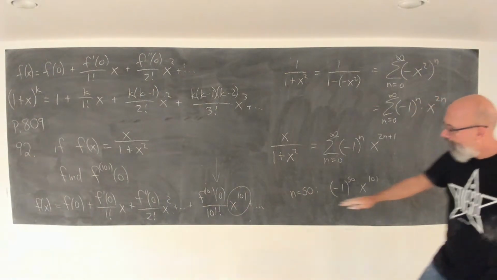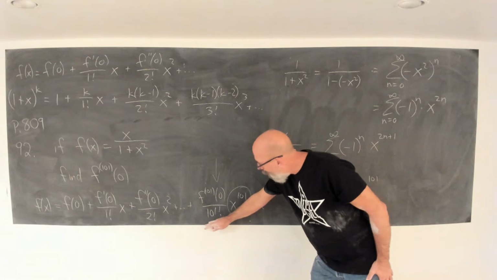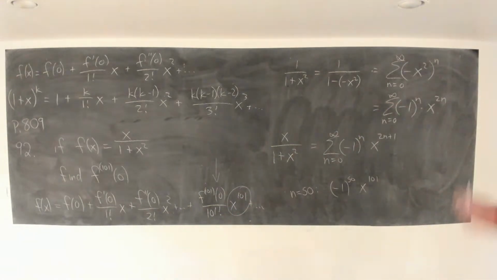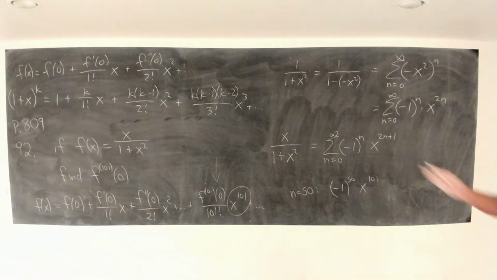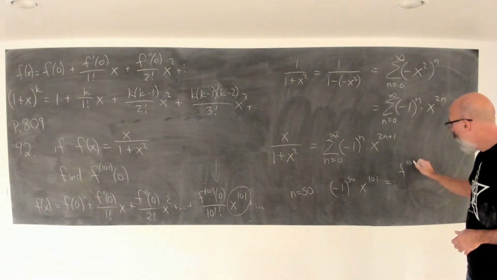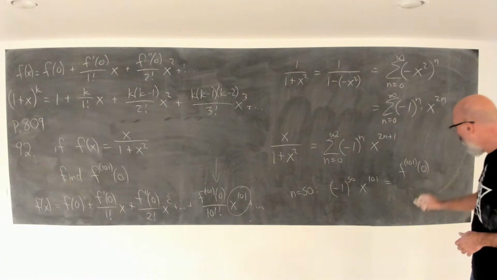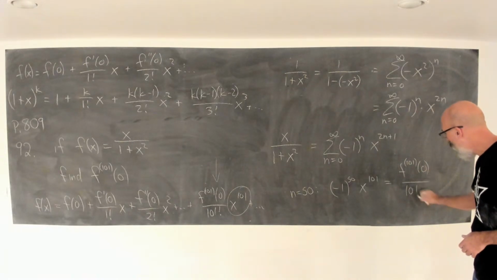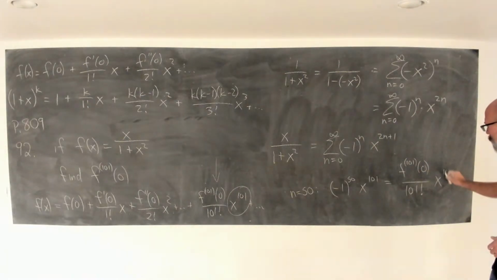But in your general Maclaurin series, this is the 101st derivative at 0 over 101 factorial x to the 101.